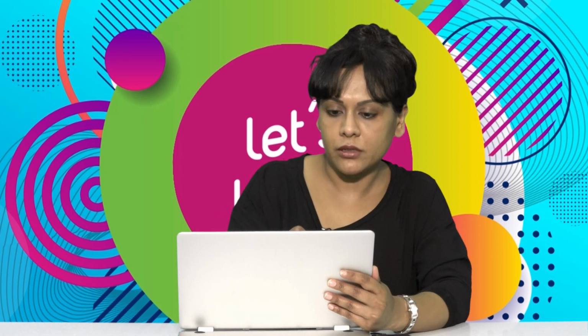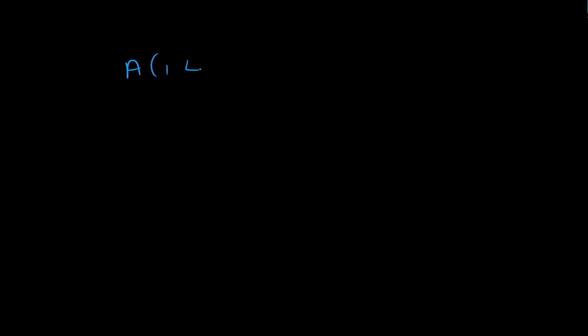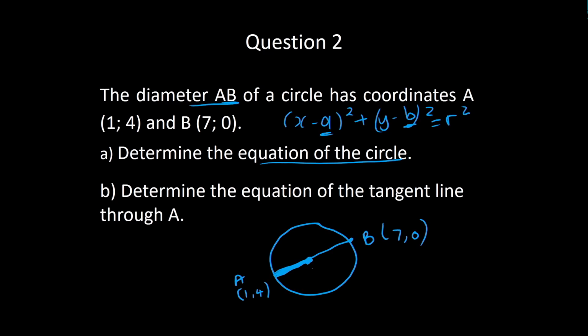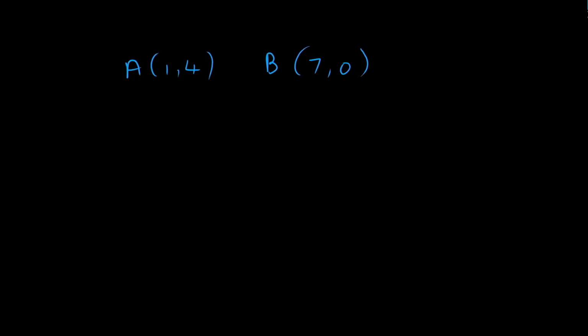All right, so remember the coordinates of A were 1 and 4, and B was 7 and 0. Okay, so to find the midpoint of AB, the coordinates would be x1 plus x2 divided by 2 and y1 plus y2 divided by 2.